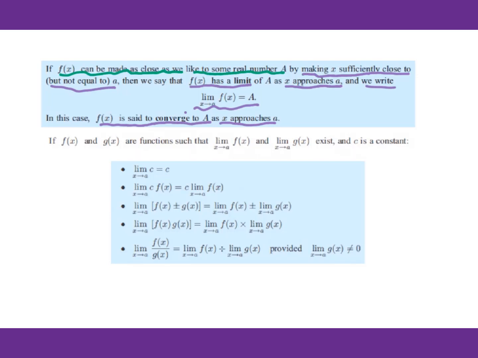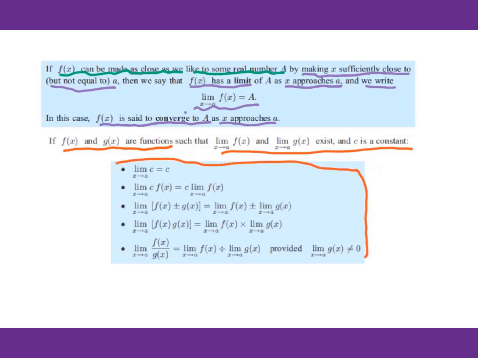If f of x and g of x are functions such that the limit as x approaches a of f of x and the limit as x approaches a of g of x exist, and c is a constant, we have the following formulas. These formulas are easy to remember.